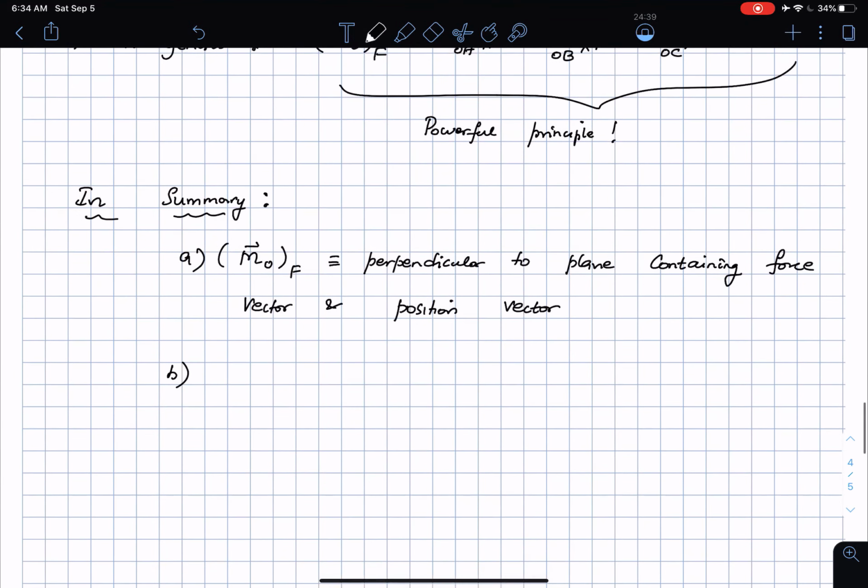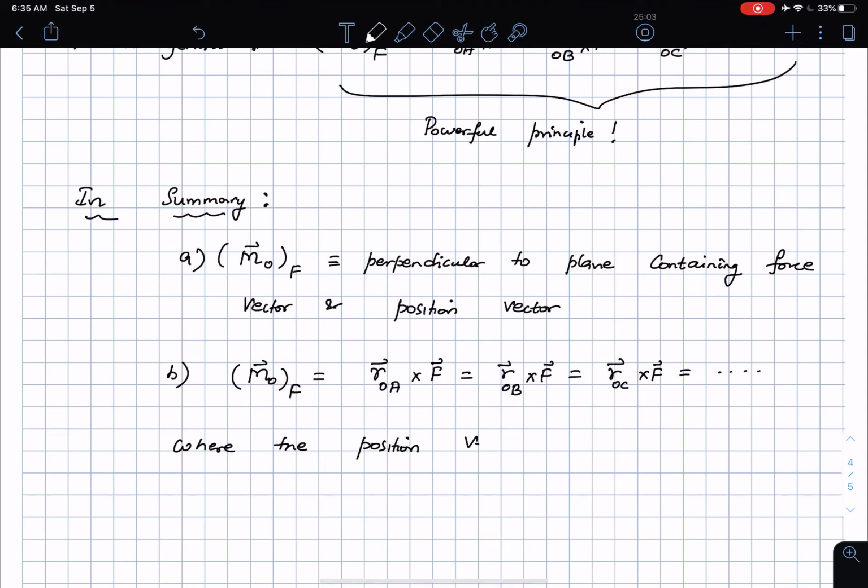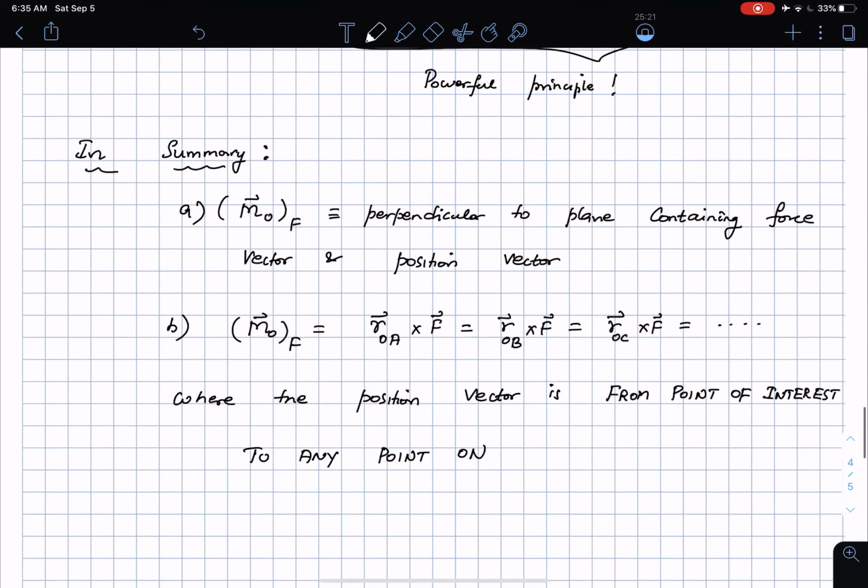And the next thing is, the moment of a force about a point is R cross F, which is also another R cross F, which is equal to another R cross F, and so on, where the position vector is from the point of interest to any point on the line of action of the force.